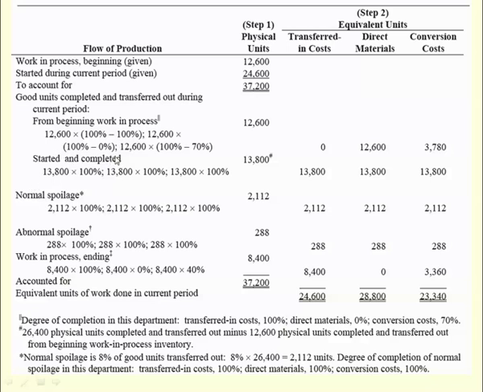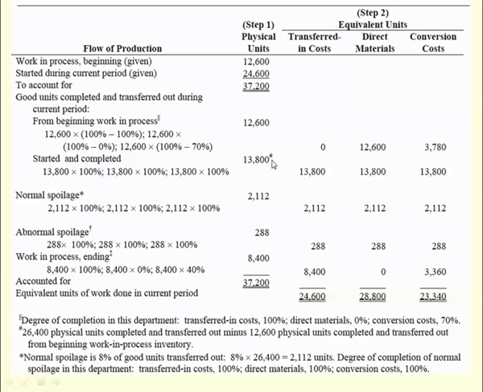Started and completed units, 13,800 units, calculated as 26,400 physical units completed and transferred out, minus 12,600 physical units completed and transferred out from beginning work in process inventory.